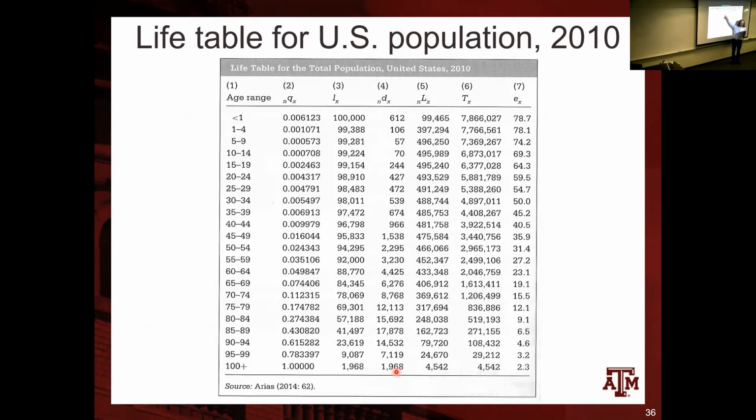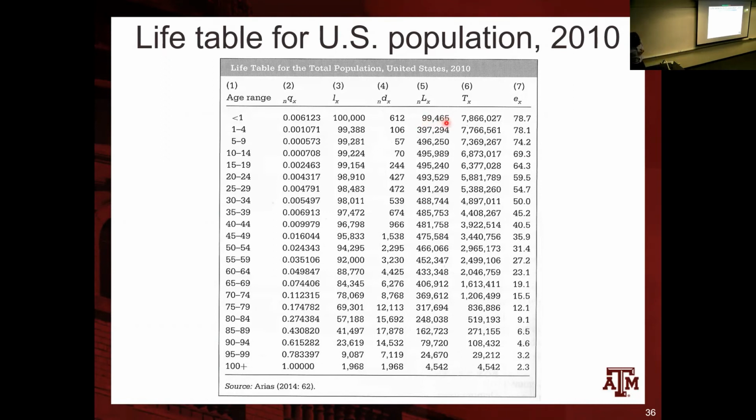Some people died at the age of 1 month, at the age of 2 months, 3, 4, until 11 months, right? So in total, these 100,000 people lived a total of 99,465 years. So that's what is called person years.